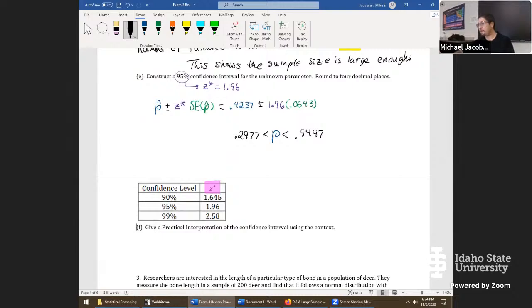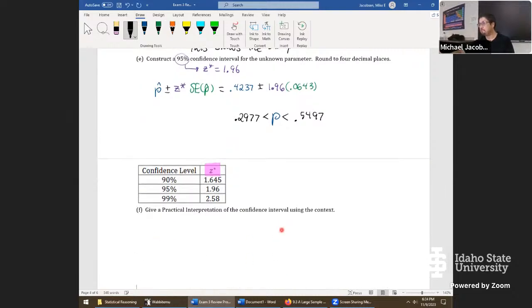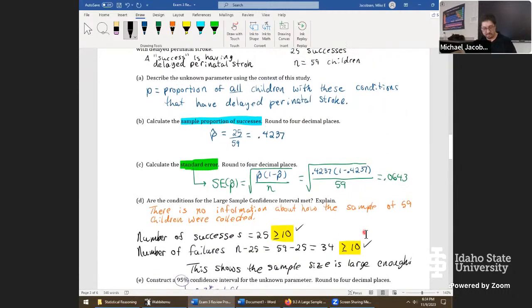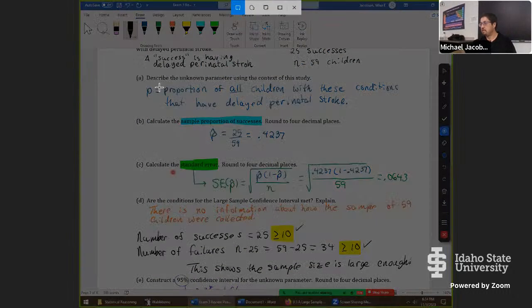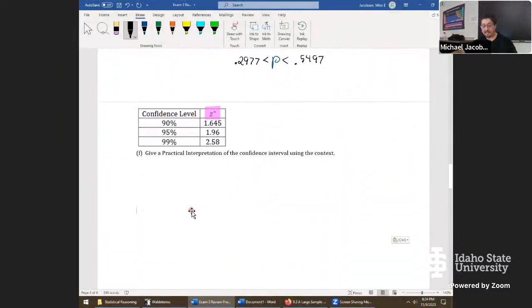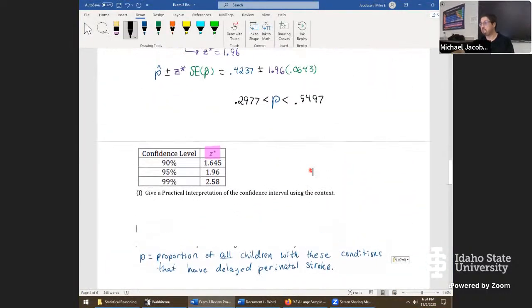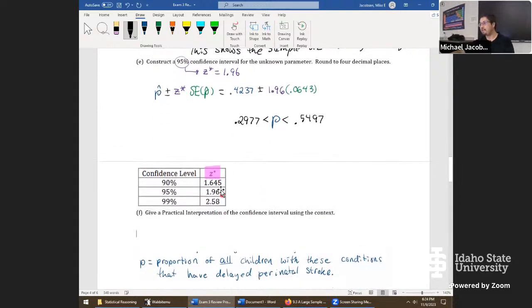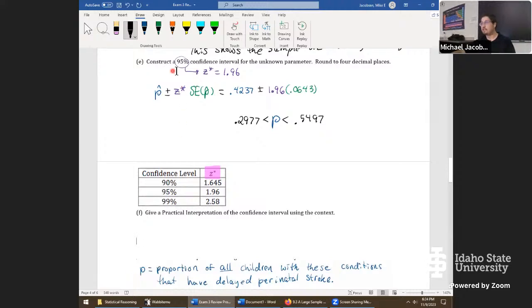So last part, we want a practical interpretation, which means we have to cite the parameter P once again. Let's go up to the top. It's a little bit easier than a hypothesis test for sure, because there's just not as much noise going on. We're just going to say we are estimating this quantity here at 95% confidence, and our estimate ranges from here to here.